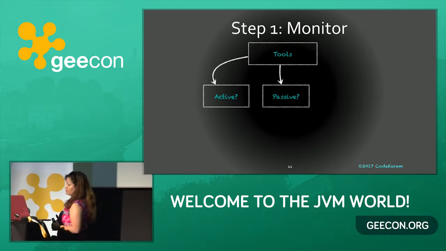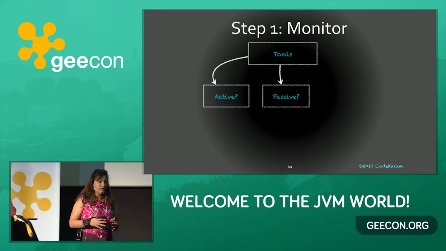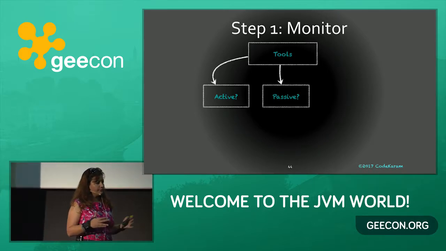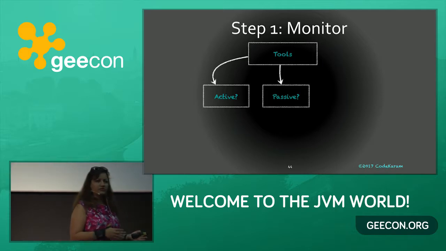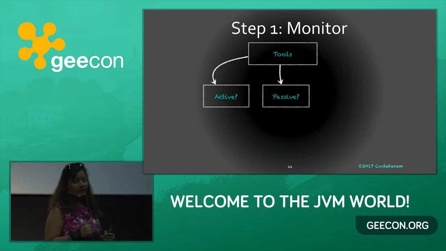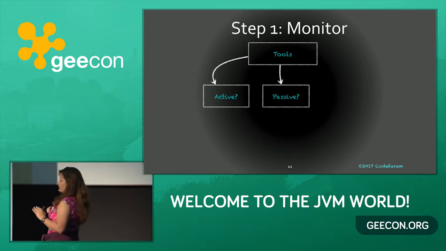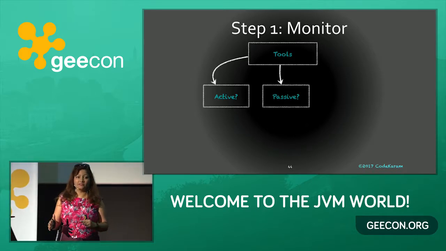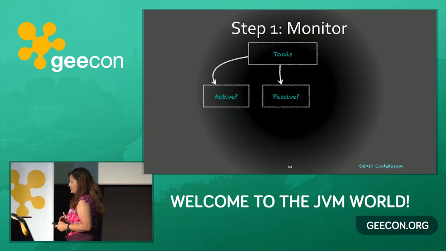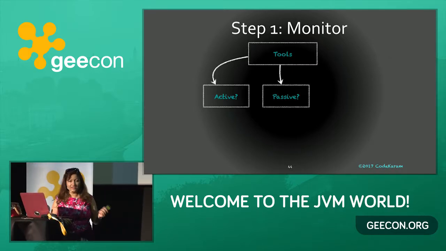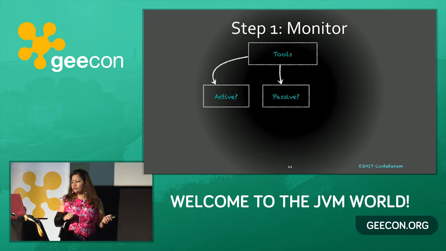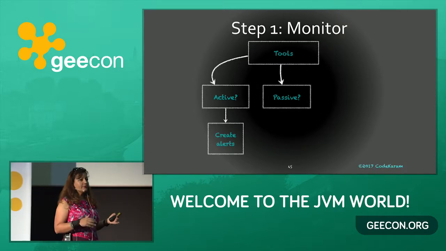So the steps in monitoring, and most people know this as application process monitoring, APMs, all right? Many of the APMs out there are classified either as active or passive. Active monitoring tools are simply creating alerts.